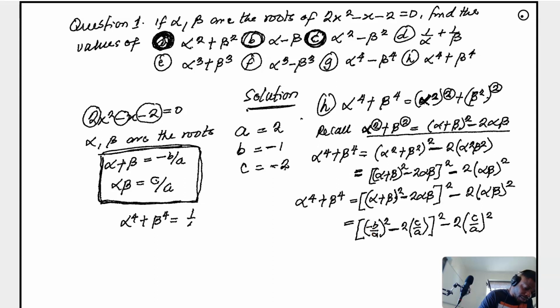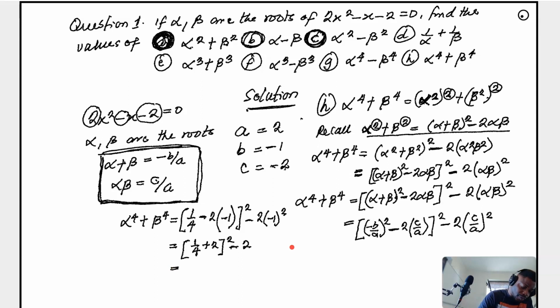So 1 over 2 squared, that is 1 over 4, minus 2 times c over a, that is minus 2 over 2, which is minus 1. Okay, so all squared, then minus 2 bracket, c over a, that is minus 2 over 2, that is minus 1, so minus 1 all squared. I'm just putting the values of a, b, and c. So 1 over 4 minus times minus, that is plus 2, all squared. Minus 1 squared is 1, so that is minus 2 here.